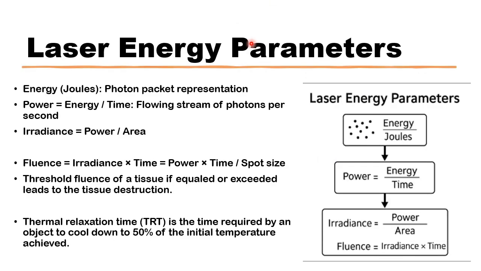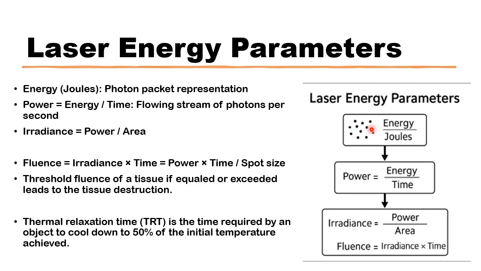While discussing the adjustable parameters of laser energy, we should refer to four different ways to measure the laser energy. The first is the total energy in joules. This is related to the number of photons in the stream of the beam, the total amount of energy produced by the beam itself.